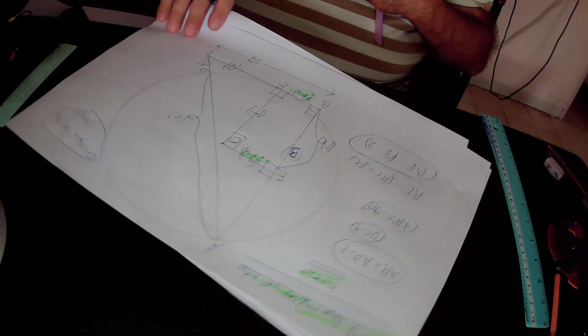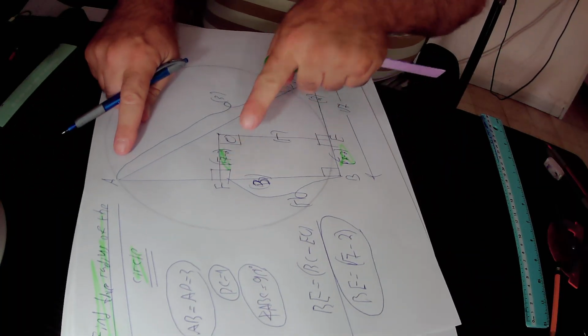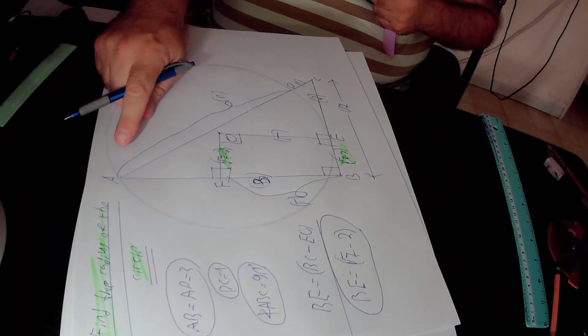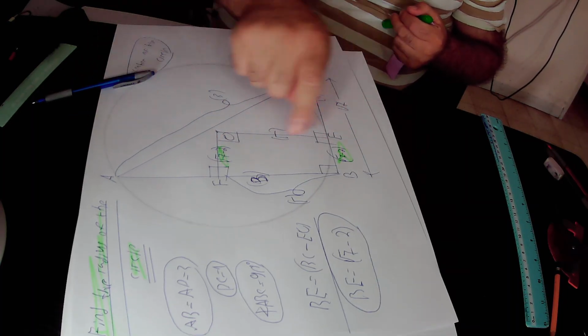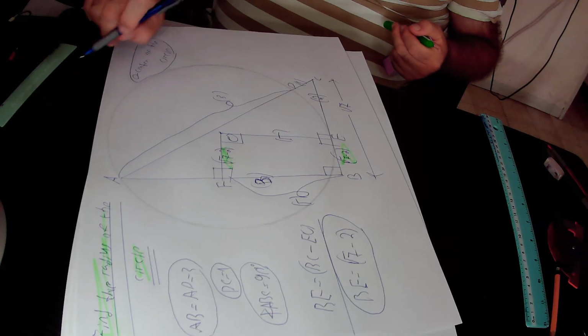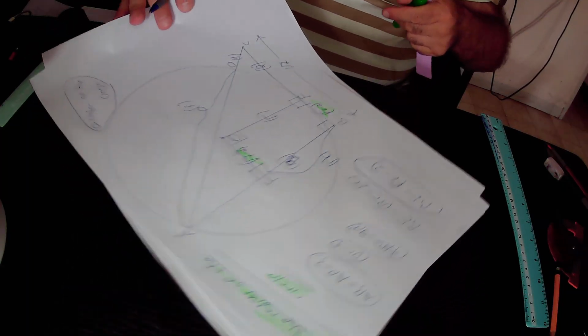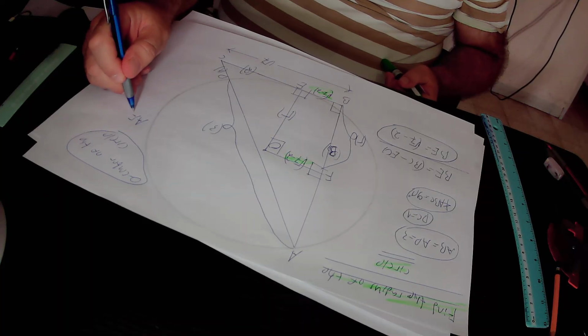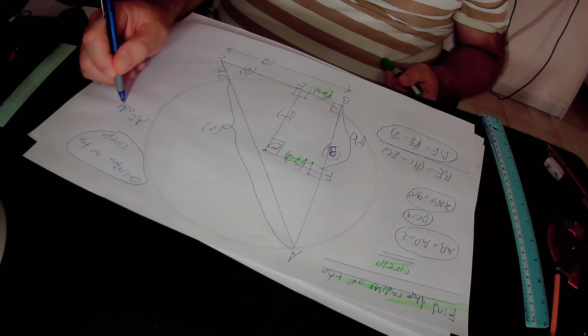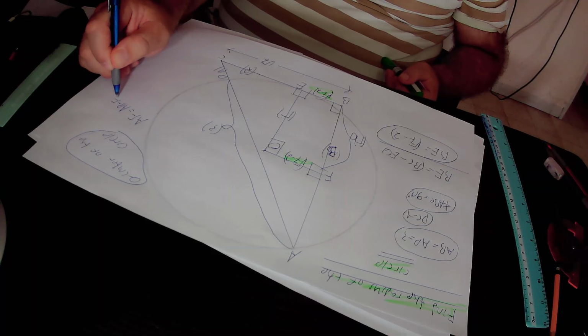What is the length of the missing side AF? From the drawing, it is very easy to see that AF in total equals AB minus FB. Again, AB minus FB equals AF.